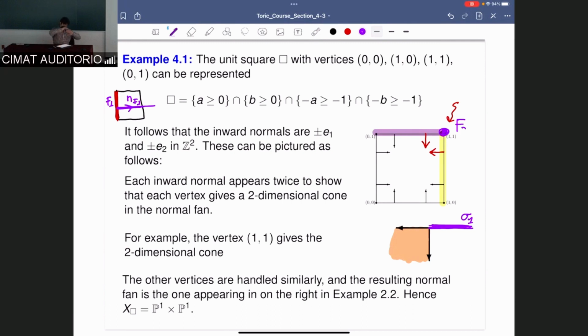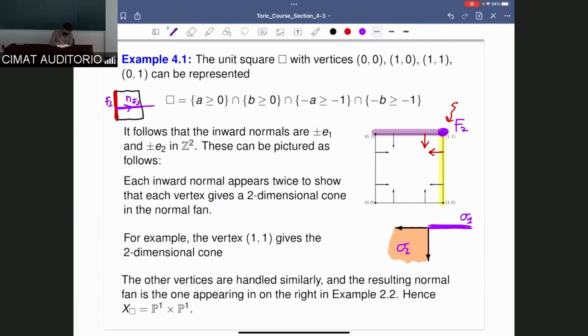Each face of our polytope is contributing a cone in N R, and you put all of those together. One can see that in this case, maybe by symmetry, from the picture one can extrapolate and see that what we get as a final result is this one. The cones are like this.